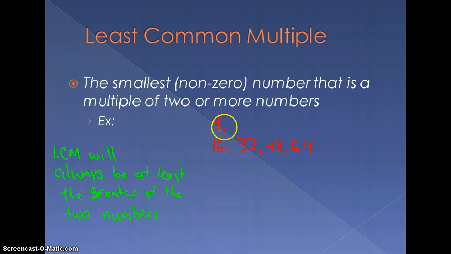If we went with 4, we have 4, 8, 12, 16. So our original two numbers are 4 and 16. I look here, LCM is 16. So that's how we do the least common multiple and greatest common factor for numbers, which is what you've already done.